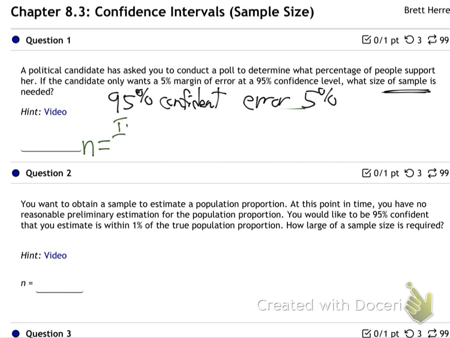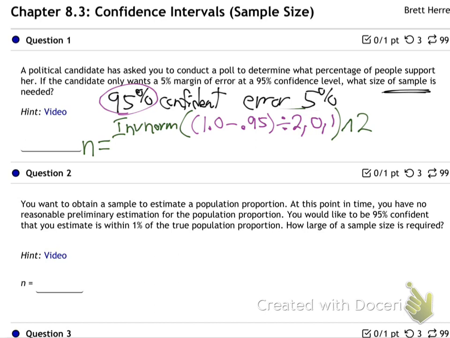It's inverse norm, parenthesis, and then inner parenthesis, 1.0 minus, and see how it says confidence? What do you think I'm going to put in for confidence? This as a decimal, huh? Make that a 0.95. Divided by 2, 0, 1. And then close the parenthesis.